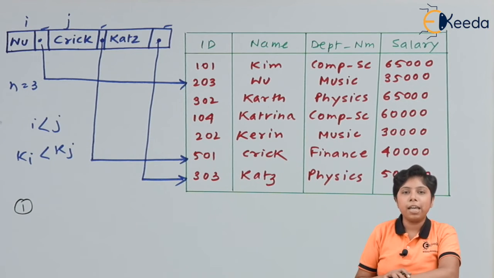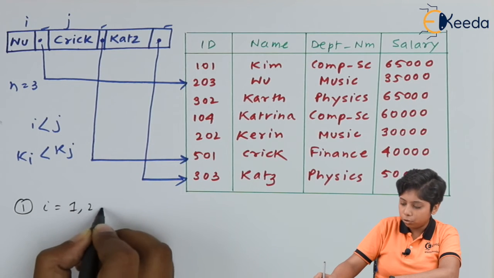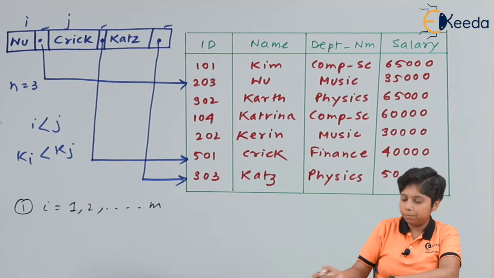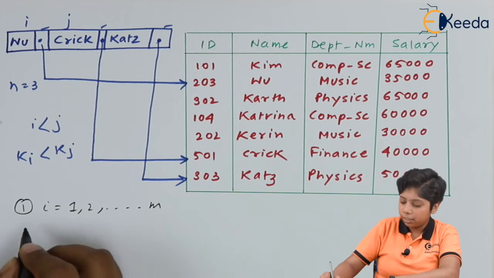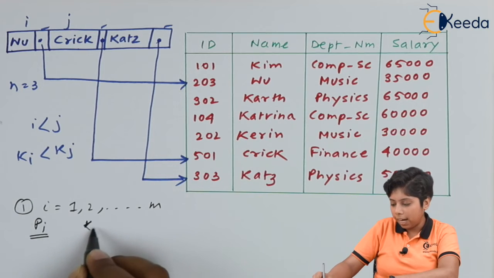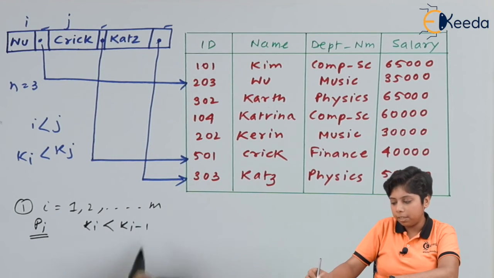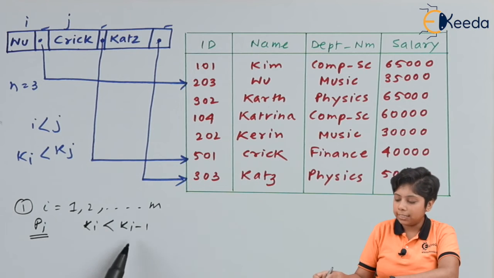Say there are m pointers, that is i equals 1 to m, and we are talking about a pointer Pi, that points to the search key K from 1 to m of these pointers. So always Ki should be less than Ki plus 1, so that, following the rule, we can insert the values in the B plus tree.